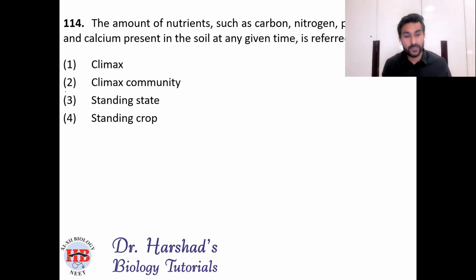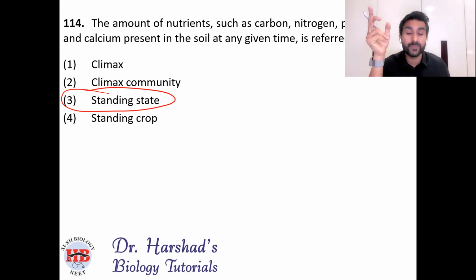The amount of nutrients present, carbon, nitrogen, phosphorus in the soil, mind that, is standing state. Remember that if they talk about the total amount of biomass in an organism, then the answer is standing crop. But when you talk of the total amount of inorganic nutrients in the soil, the answer is standing state. It is the total amount of inorganic nutrients found in the soil which this question is about.